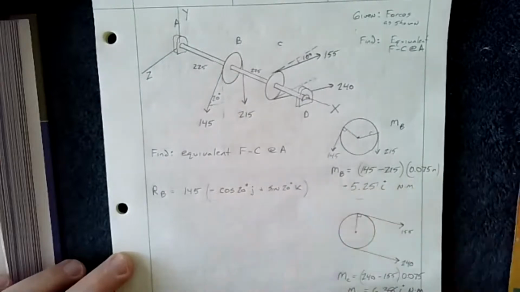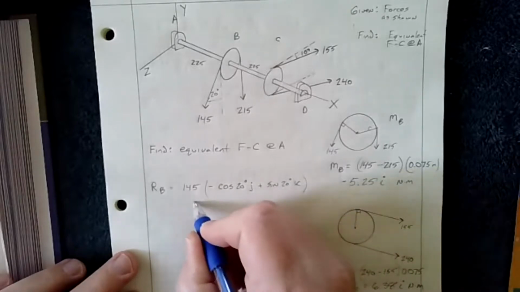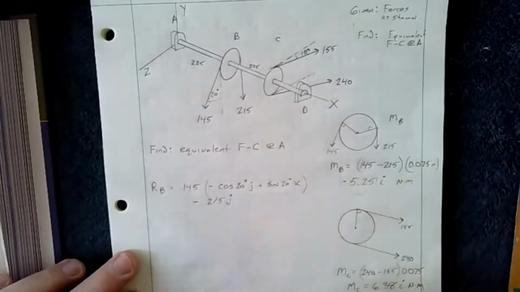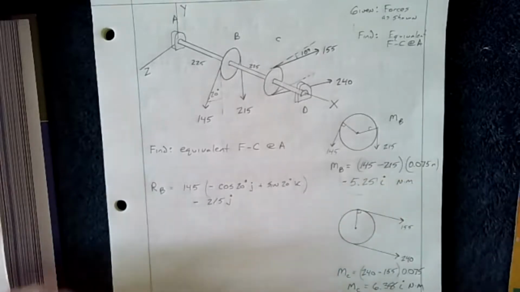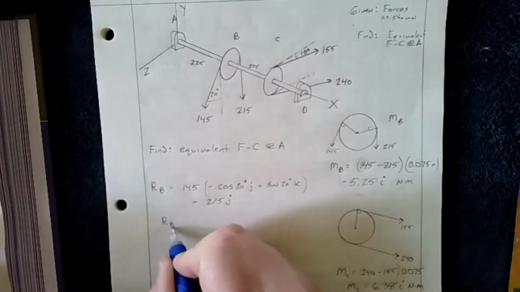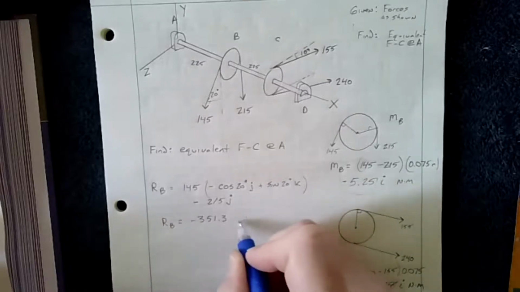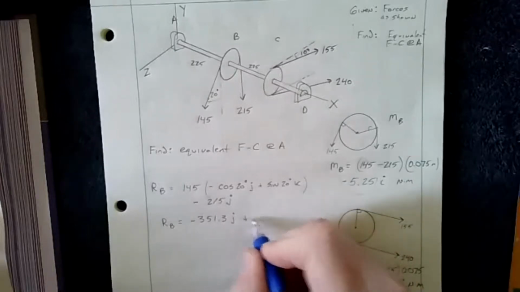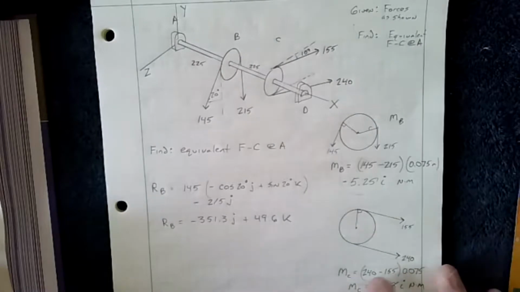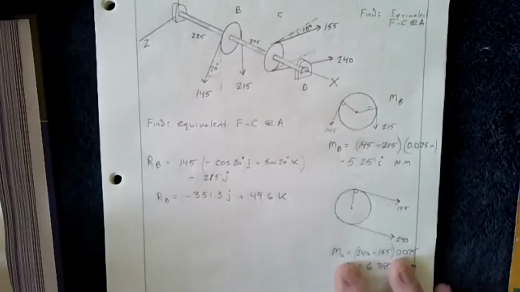All right, so we have that. And then minus 215 j, and that's what we have. So if we combine that, the reaction at B gives us negative 351.3 j plus 49.6 k. And that's 215, not 2 divided by 5. So there we go. That's our reaction B.